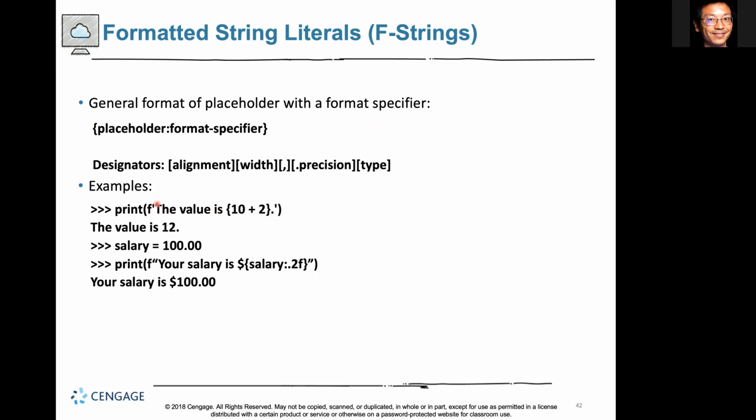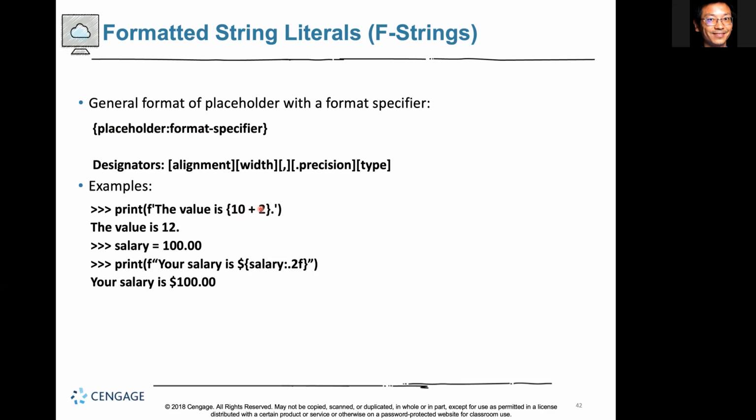Followed by your typical string, right? Single quote, double quote, doesn't matter, or even triple quote. Now, inside there, you see this pair of curly braces. Inside the braces, you have things you can put in there. That would be this typical format: placeholder, colon, format specifier. The placeholder can be an expression like 10 plus 2.